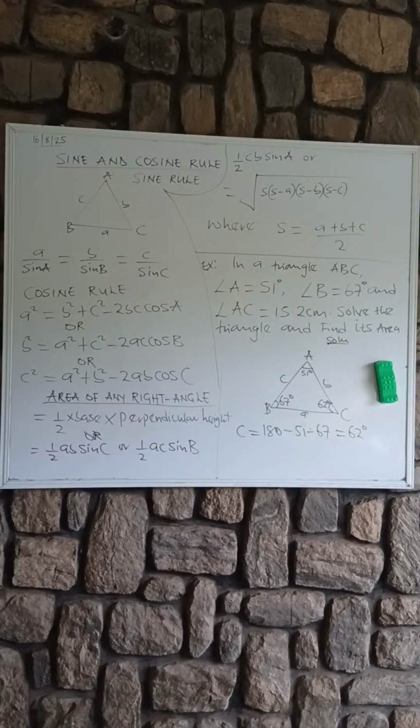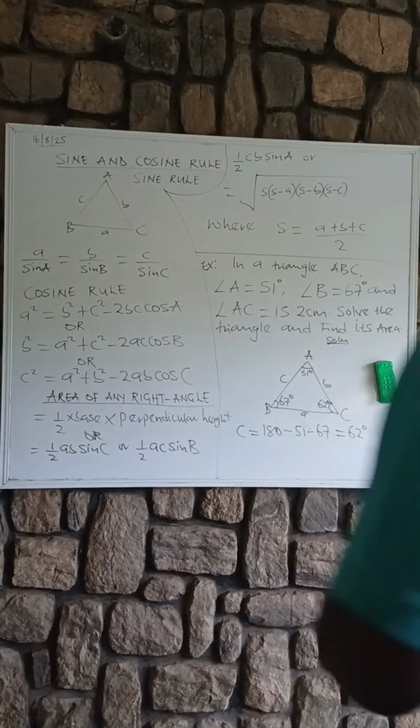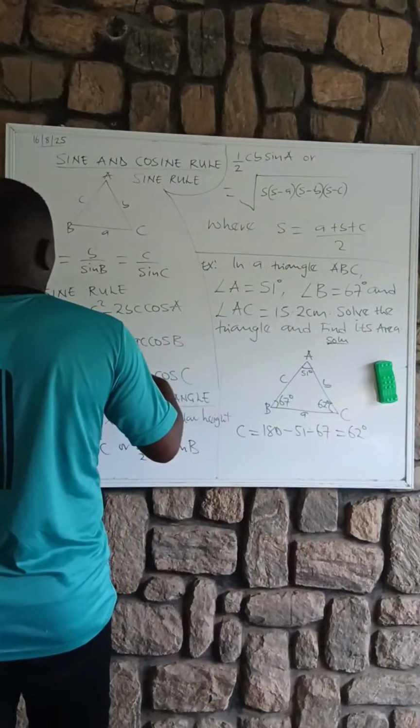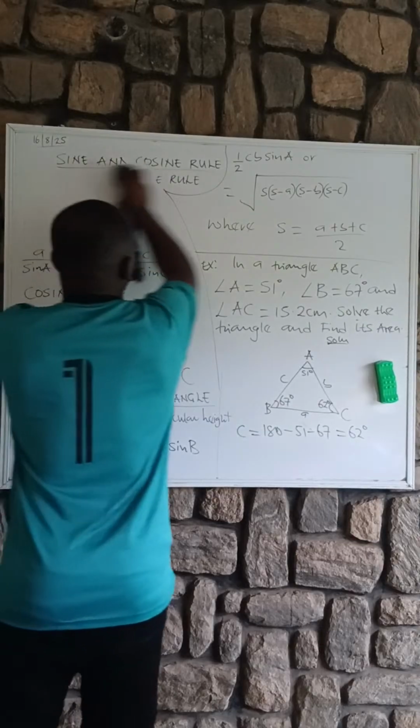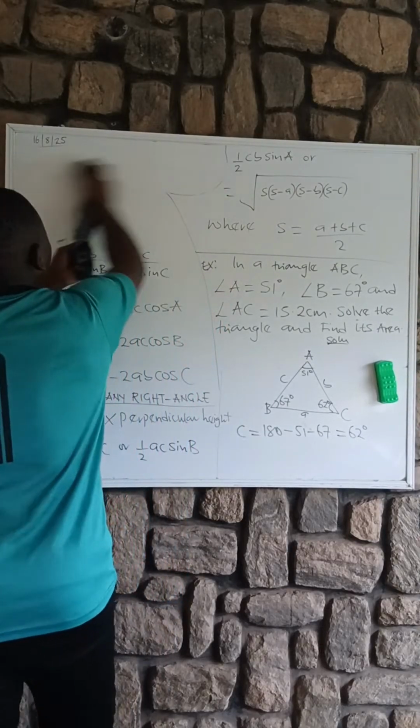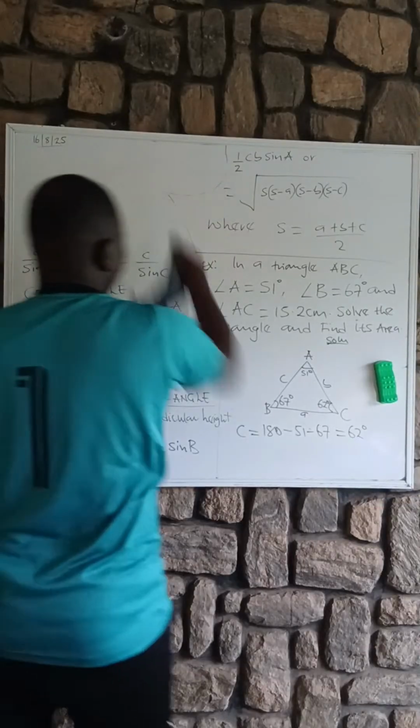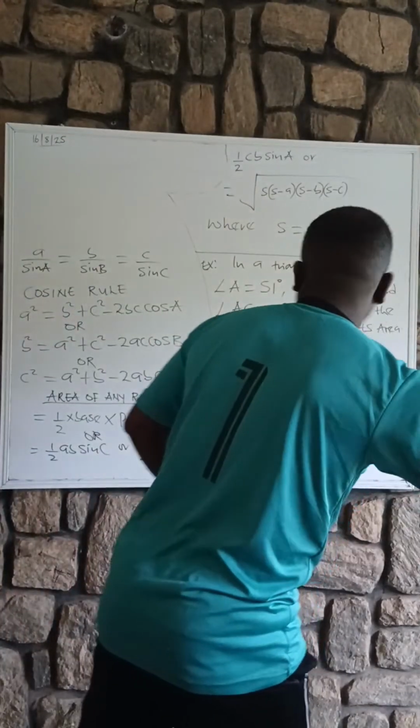It implies that we need to find our small letters a, b, and c, because it says solve the triangle. So let's move further to find the triangle.